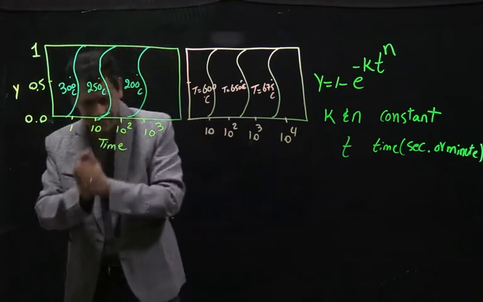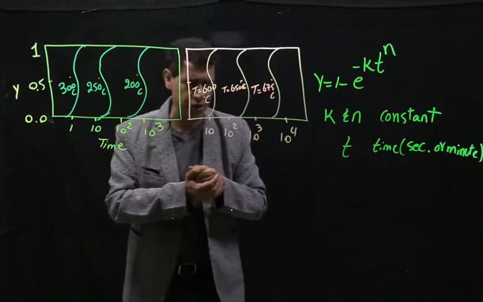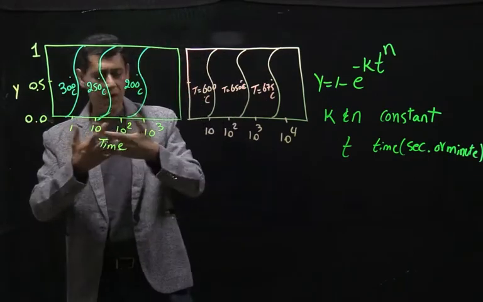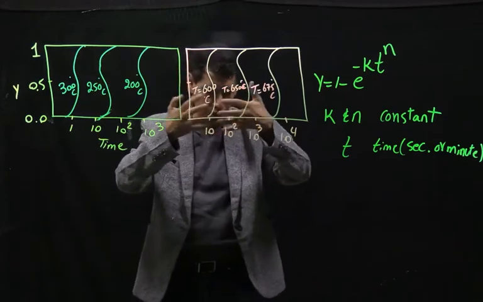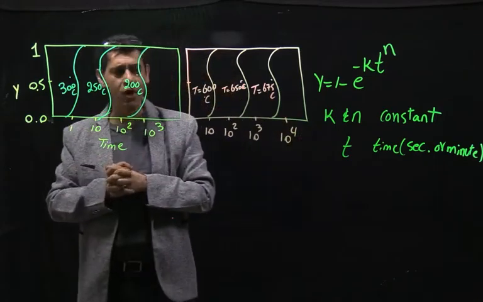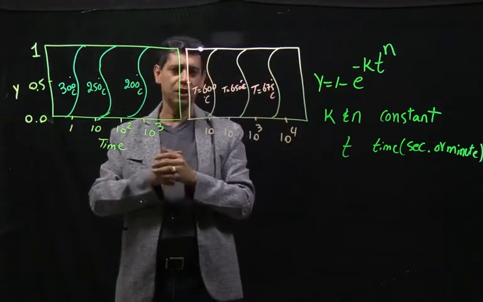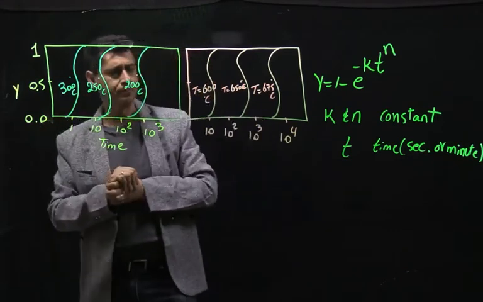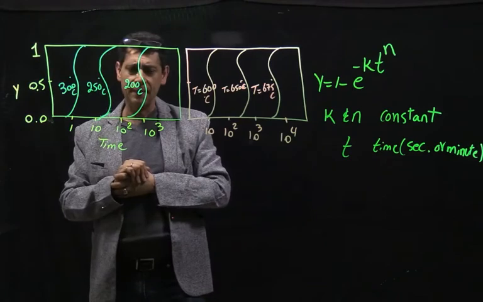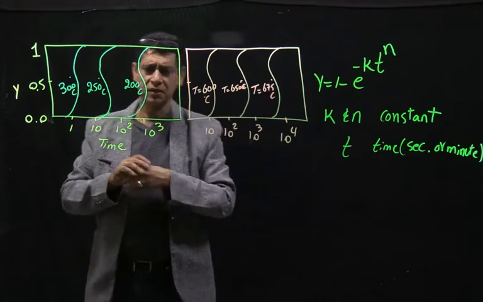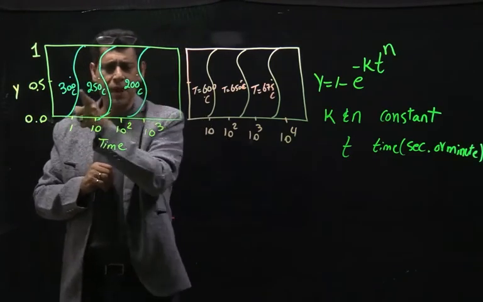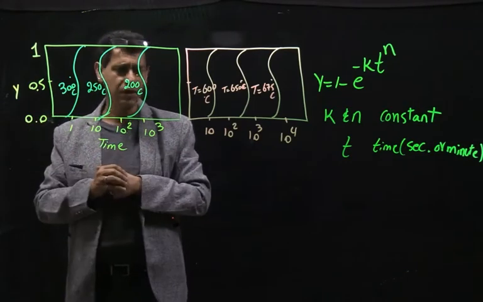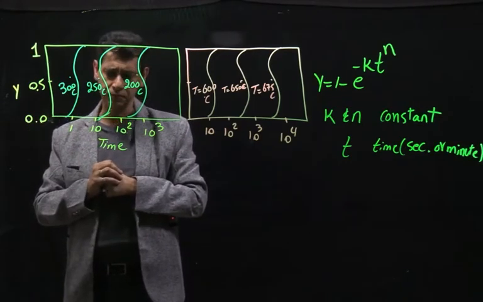In annealing, the higher the temperature is, the faster the reaction happens, the dislocations that were tangled are released and unlocked faster at a higher temperature. So if you write something about the Avrami equation for this particular situation, you realize the lower the temperature is, the longer the time required for the reaction to be completed.